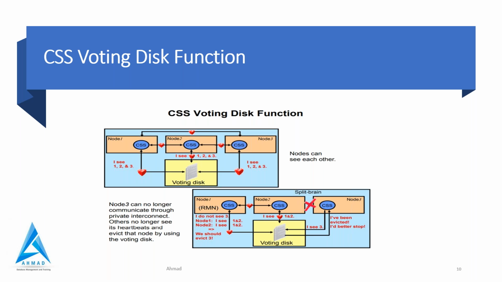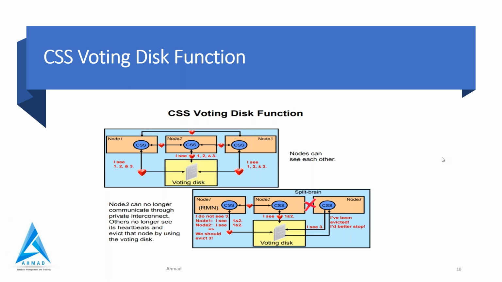So now, CSS voting disk. OCR has automatic backup. Yes, OLR does not. What is a voting disk? And how many voting disks can we use? What is the purpose of a voting disk? Tell me, guys.